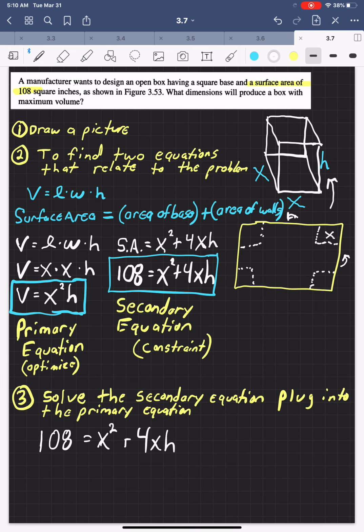So in this case, I'm going to solve for h. And what do we get? Well, we would get h is equal to 108 minus x squared divided by 4x.